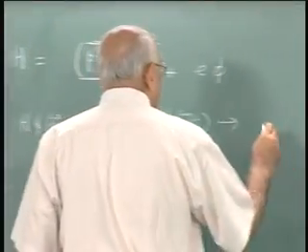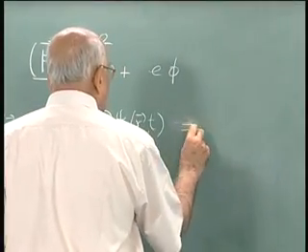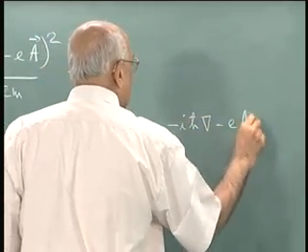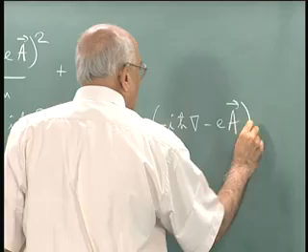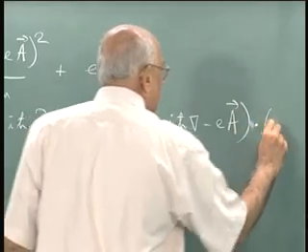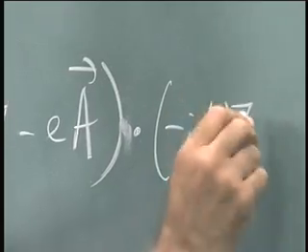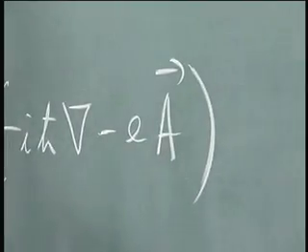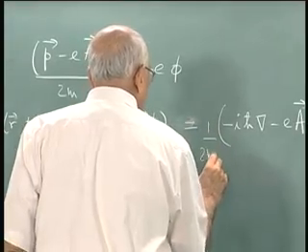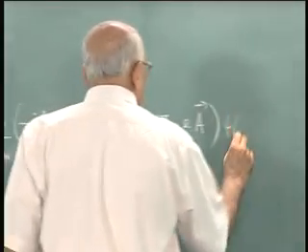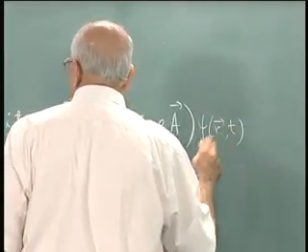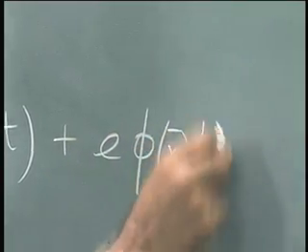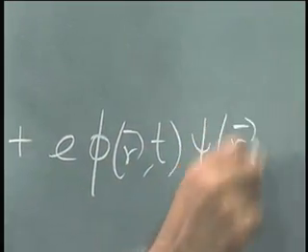So this equation becomes this quantity equal to (minus i h cross del minus eA) dotted with (minus i h cross del minus eA) over 2m on psi of r and t, plus e phi of r and t psi of r and t.